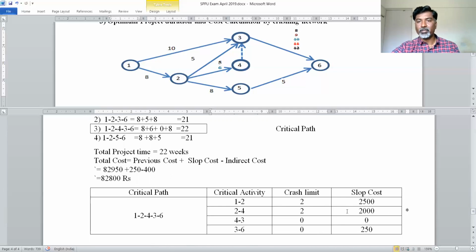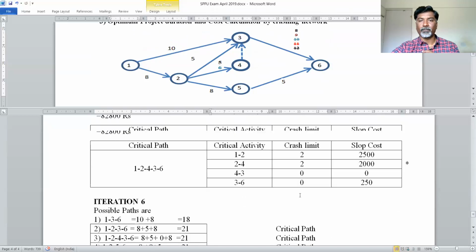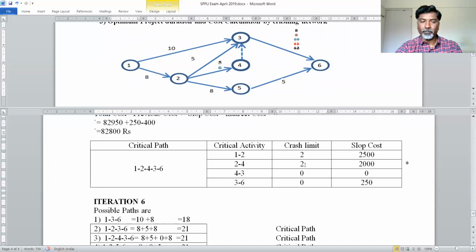The next minimum value is 2000, and this 2000 is for the activity whose path is 2 to 4. So what I have done here, I have crashed this activity by 1.